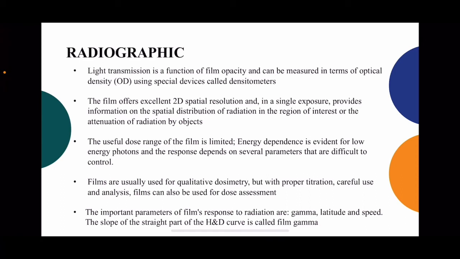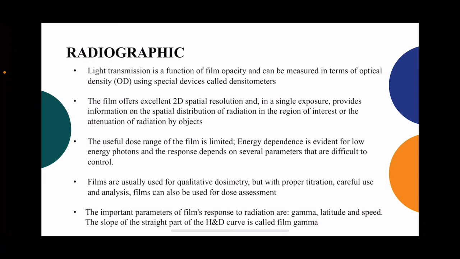Energy dependence is evident for low energy photons, and the response depends on several parameters that are difficult to control. Films are usually used for qualitative dosimetry, but with proper calibration, careful use and analysis, film can also be used for dose assessment.